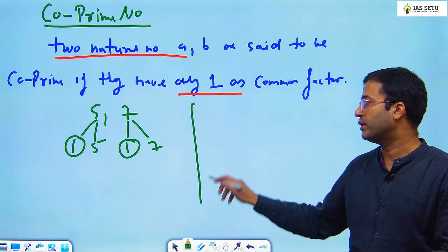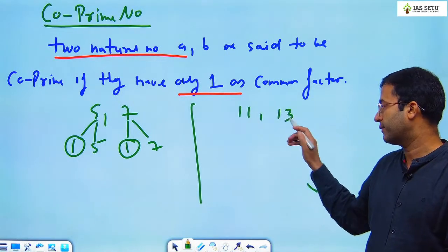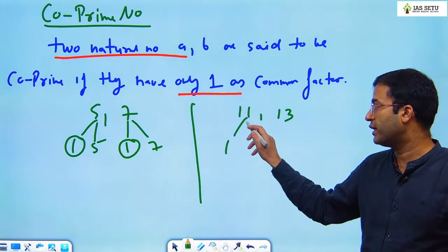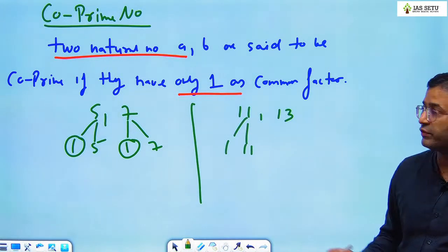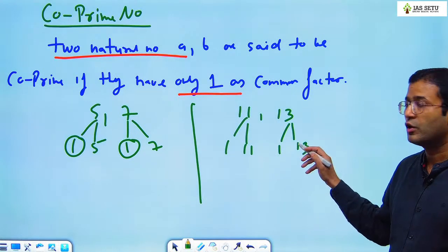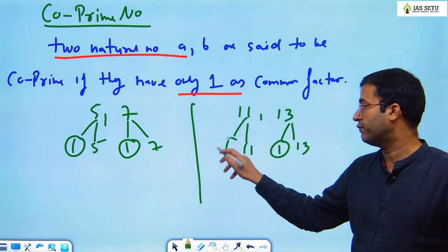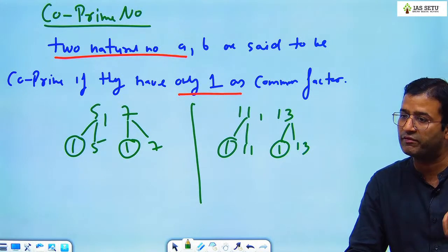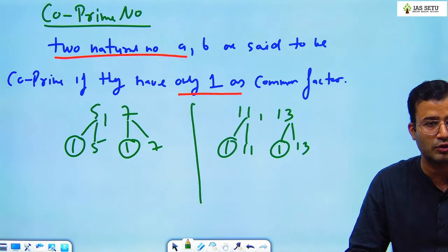I take one more example, 11 and 13. What are the factors of 11? 1 and 11. What are the factors of 13? 1 and 13. Common factor, only 1. Since they have only 1 as a common factor, can we say 11 and 13 are also co-prime?